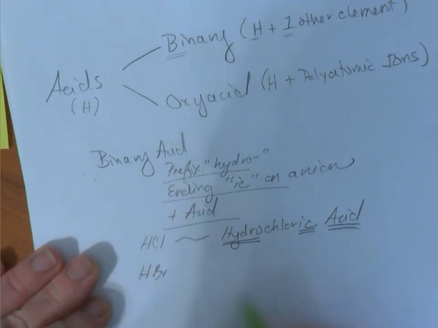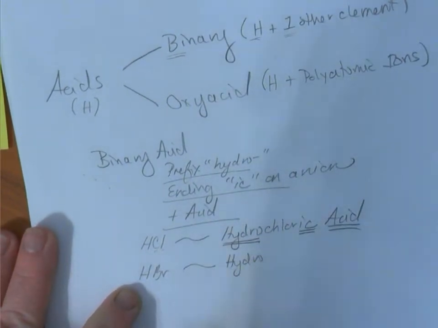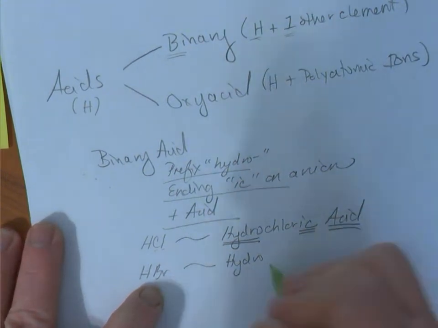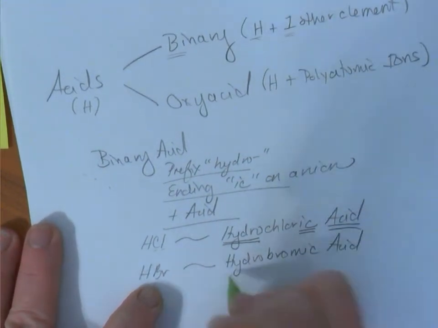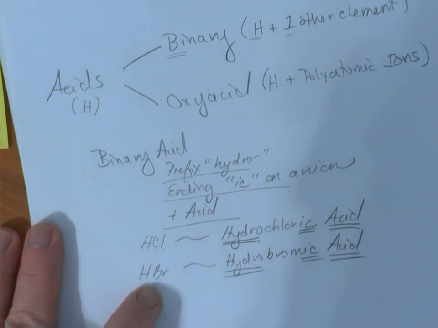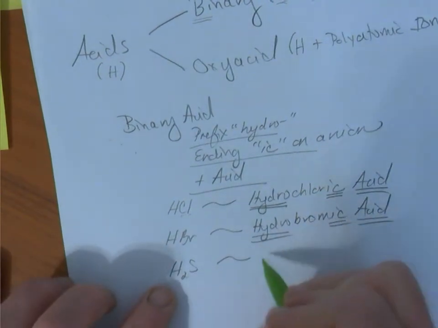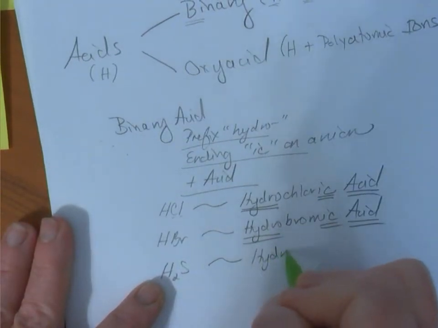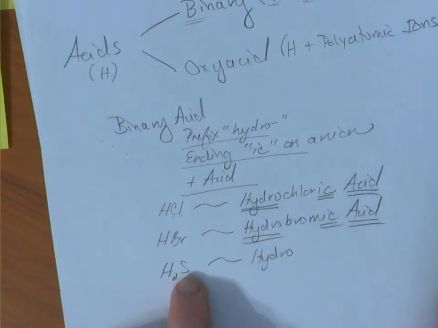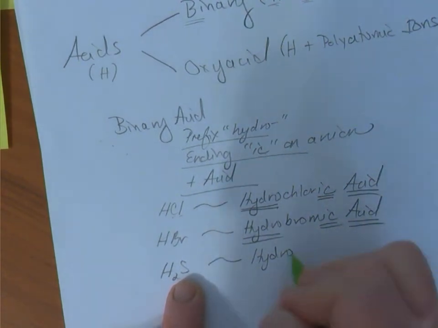HBr. All right. We need the prefix of hydro. The anion will get an ic ending, bromic, and then acid. Okay, only two elements. So we know, beginning with hydrogen, it's an acid. Only two elements, so it'll begin with hydro. This is sulfur, but we'll drop the ending. Well, it's really sulfide. Drop the ending, replace it with ic.